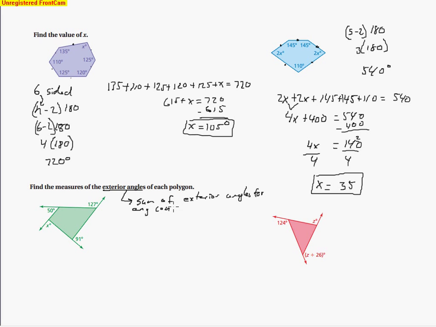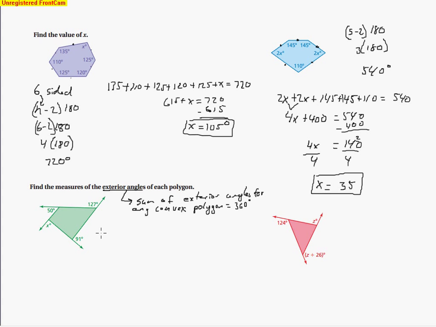Now it has to be convex, because with concave we have some angles that are much bigger than what we typically would have. On exterior angles of a convex polygon, we never get anything bigger than 180. Actually, 180 we don't even get either. So we get numbers that are less than 180. And so the sum of the exterior angles for any convex polygon is equal to 360 every single time, 360 degrees.